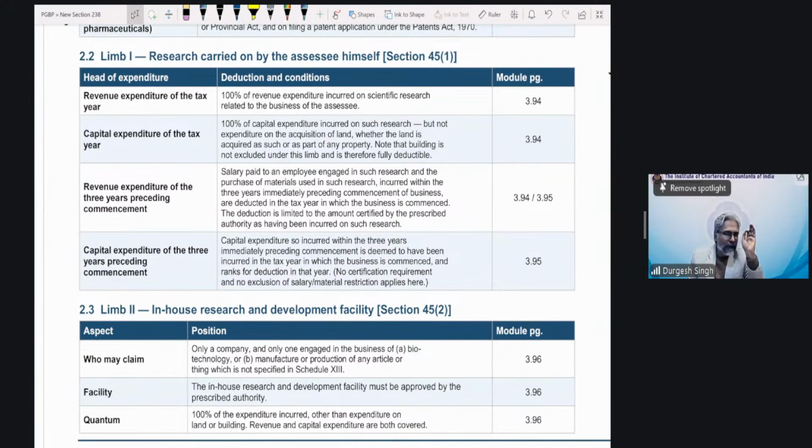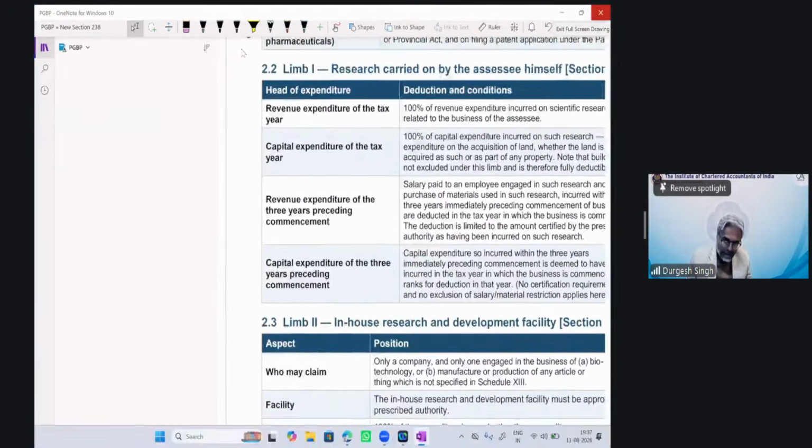Will it be given to me in tax year 26-27 for rupees 20 lakhs, even though the building is not yet fully ready and is still capital WIP? Will I be allowed the deduction in tax year 26-27 is my question to all of you. Please tell me, students, what is your particular analysis in this case? All of you should.